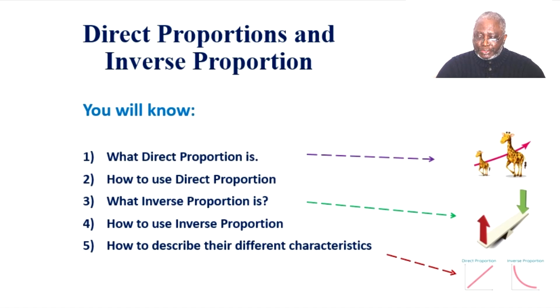With the inverse proportion, you see the little seesaw, and I'm sure all of us as kids, even some of us as grown-ups, have ridden on the seesaw one time or another, and they tend to go in opposite directions. And of course, the pair of graphs will tell you the characteristics. Direct proportion is a straight line going upwards, while inverse proportion is curvy and tends to go downwards.